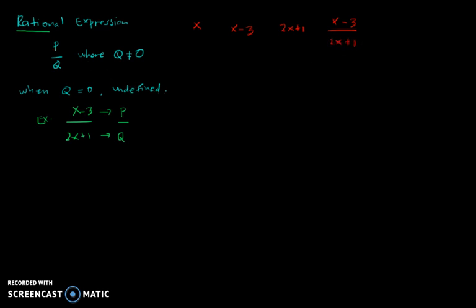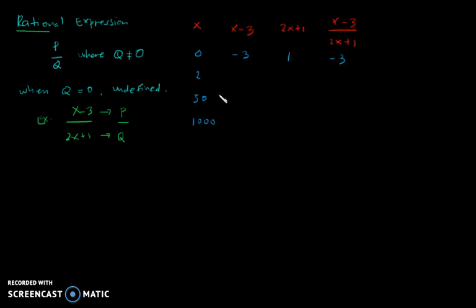Let's write values for x, starting with 0, 2, 50, then 1000. If I substitute 0 in x minus 3, 0 minus 3 is negative 3. Substituted in 2x plus 1, that is equal to 1. So x minus 3 over 2x plus 1 is simply negative 3.